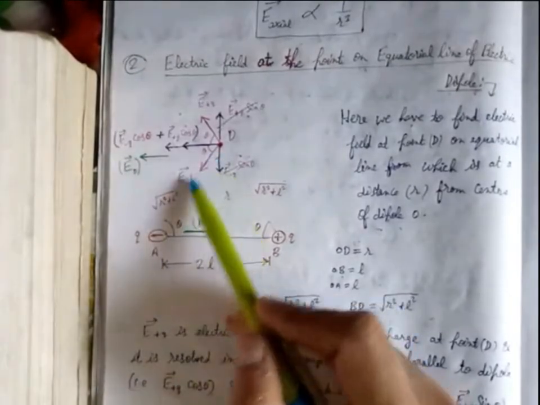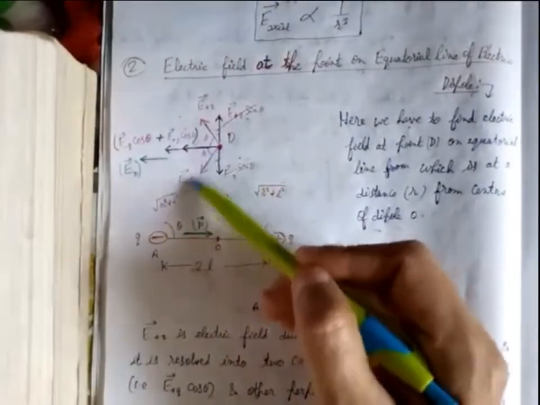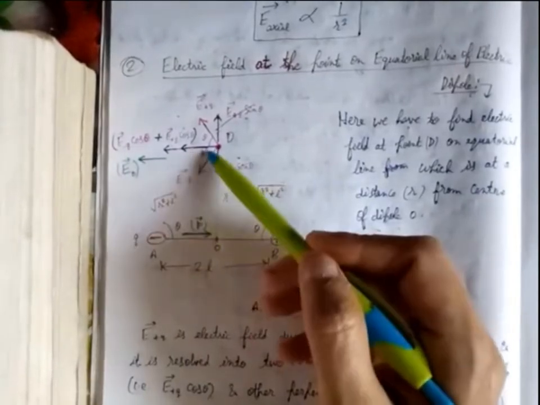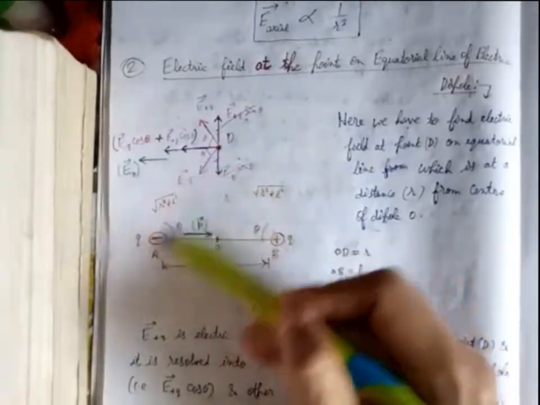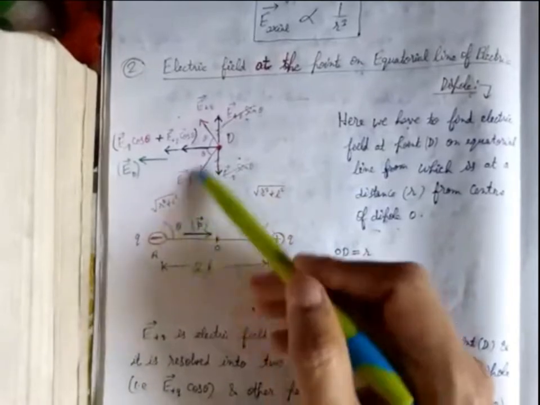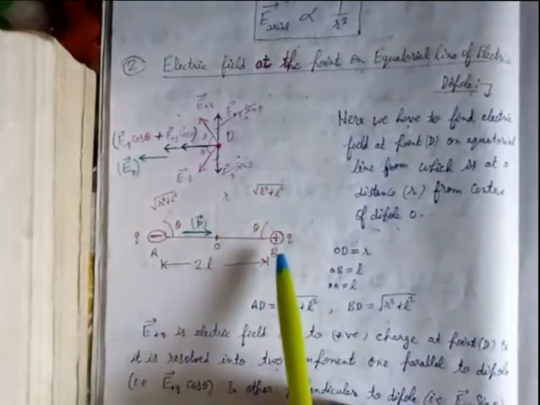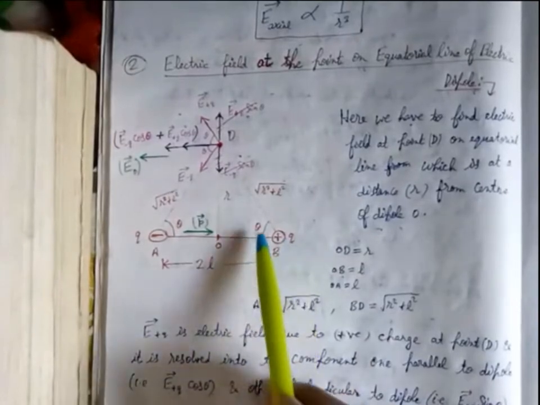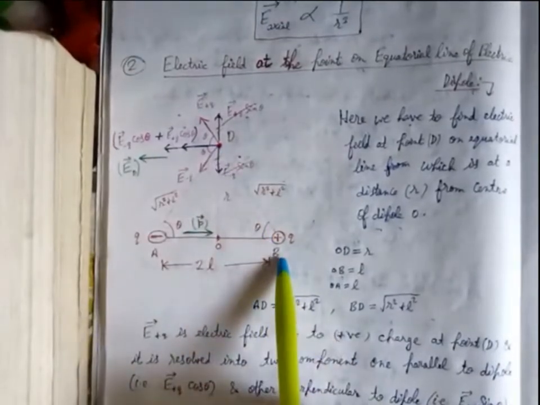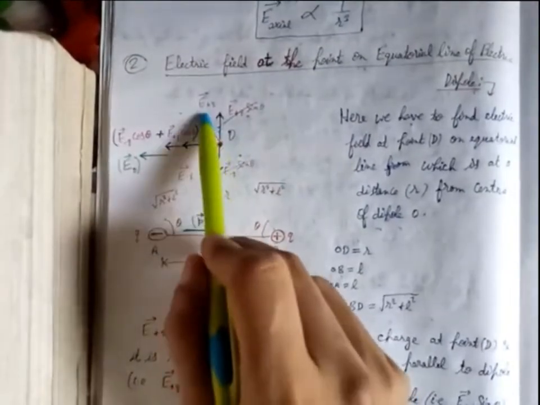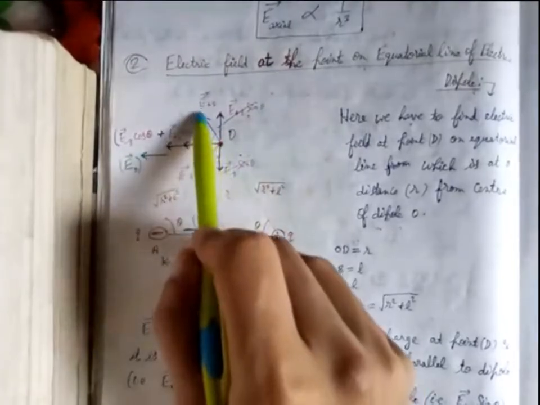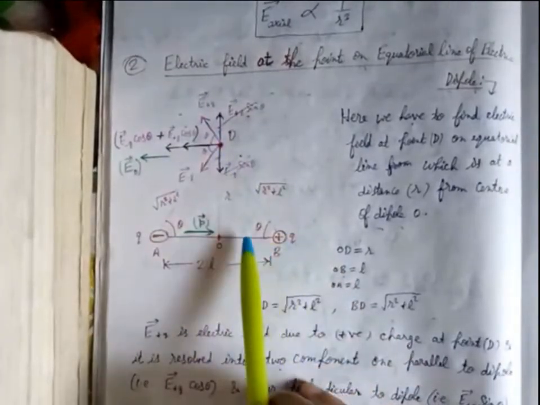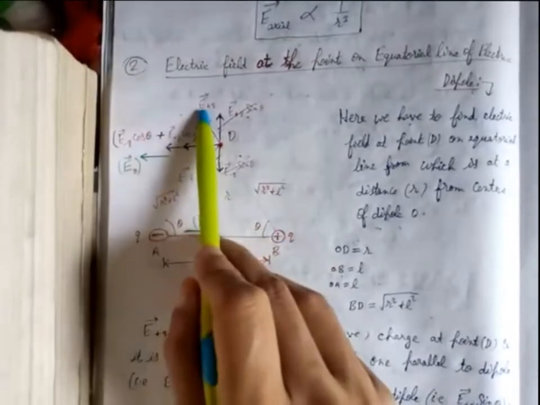So the electric field due to minus Q charge will be along this direction, that is along DA. And second, the electric field due to the positive charge will be along BD. This is the electric field due to this plus Q charge.